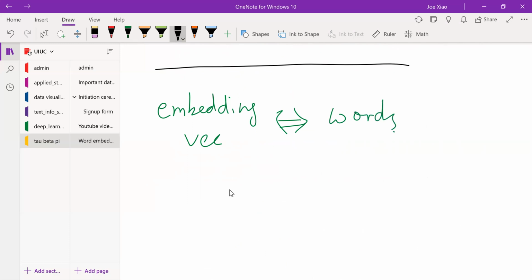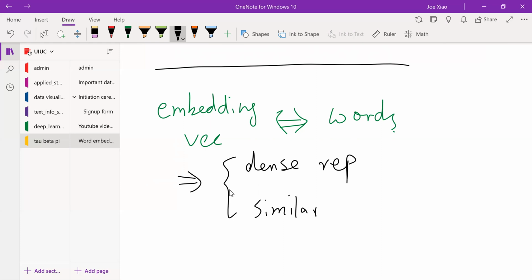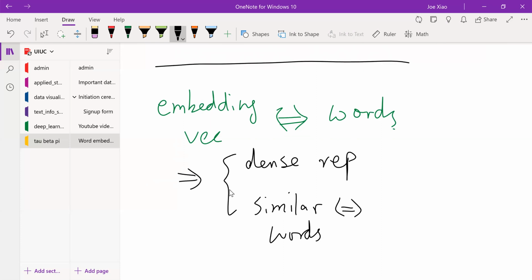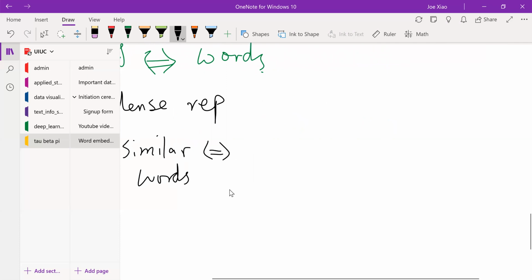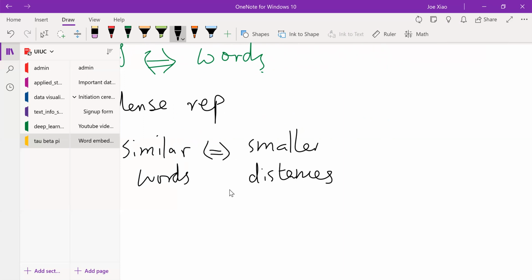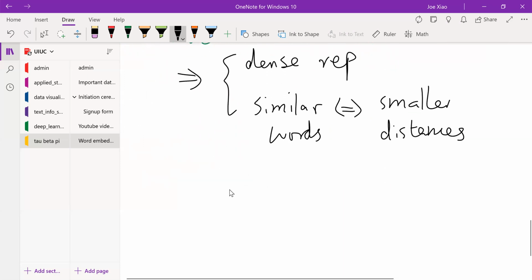And again, this will have the benefit of dense representation, as well as the ability to represent similar words with smaller vector distances between them.